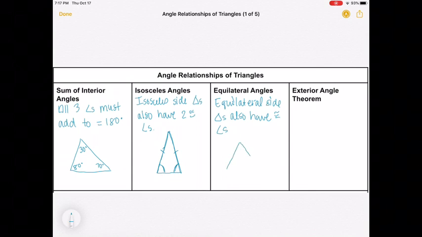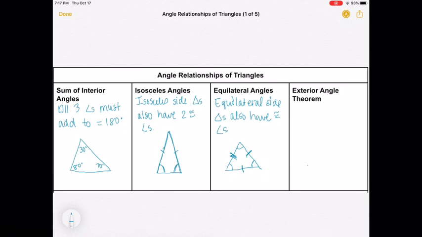So an equilateral triangle looks kind of like that. My pen's being shaky today, but each of those sides are congruent. So if I mark it like that, well then, similar to the isosceles triangle, the angle opposite of this one is congruent. All right, since all the sides are congruent, their angles will be congruent.